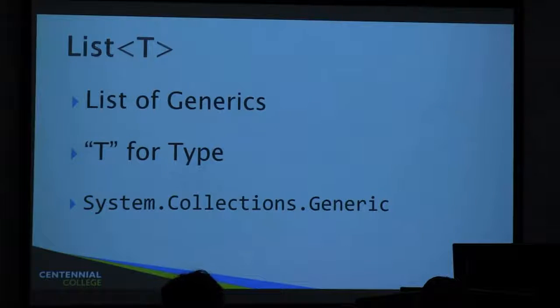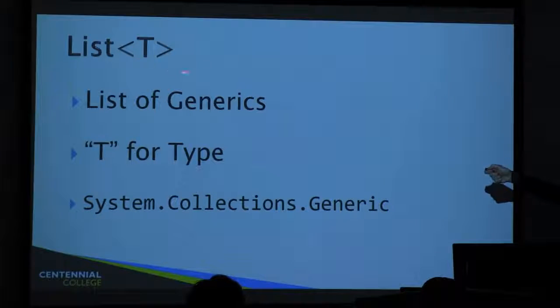The only strange thing here and new to us is this syntax, where we use the less than and greater than signs with the type in the middle to indicate what type of list you are building. When you see this kind of syntax, we're talking about generics.